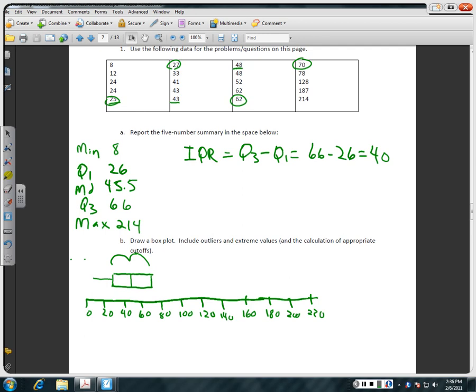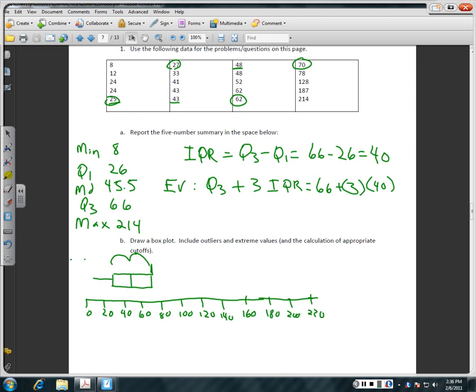So I'm going to compute, really doesn't make any difference which way you go. I think I'm going to calculate the fence for an extreme value first. Remember, that's 3 IQRs from the box, and since we're on the upper end, it's going to be from the top of the box, so that's just going to be Q3 plus 3 IQRs, and that's going to be Q3 was 66 plus 3 times IQR.